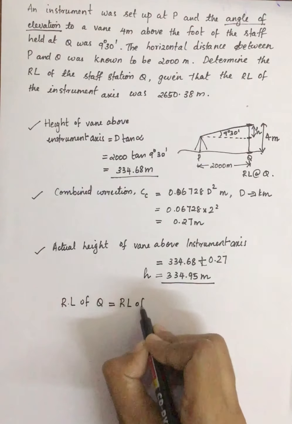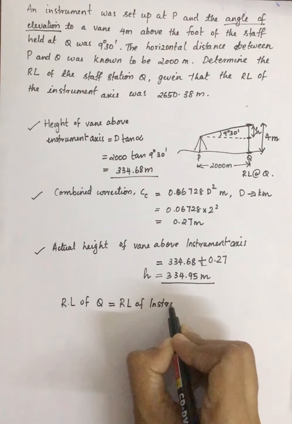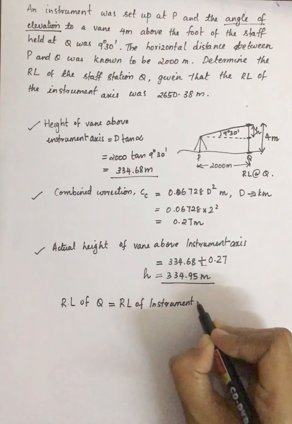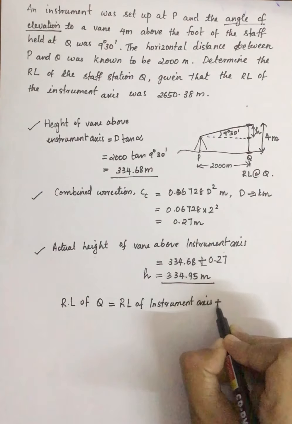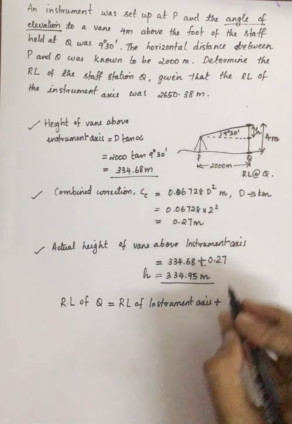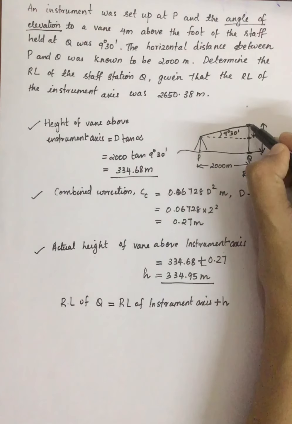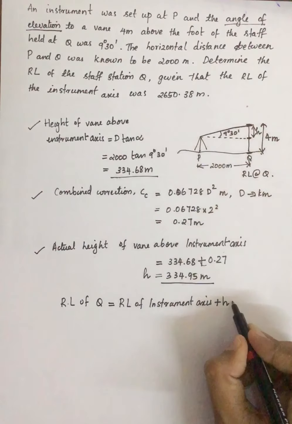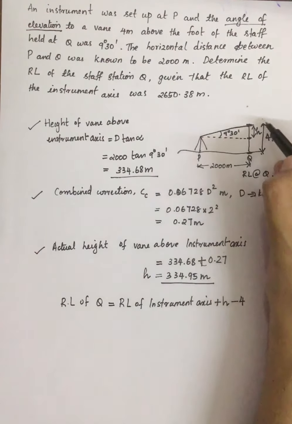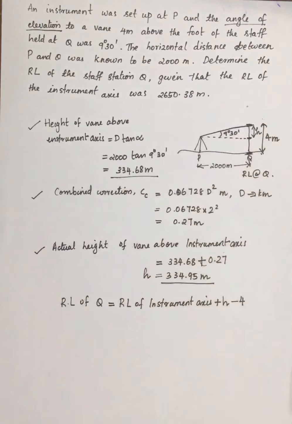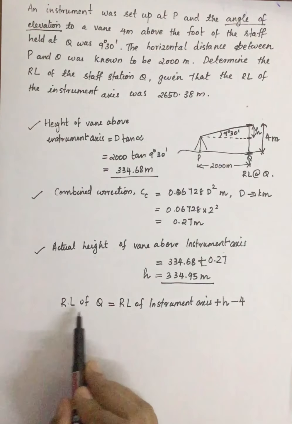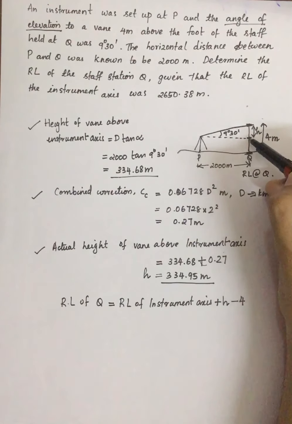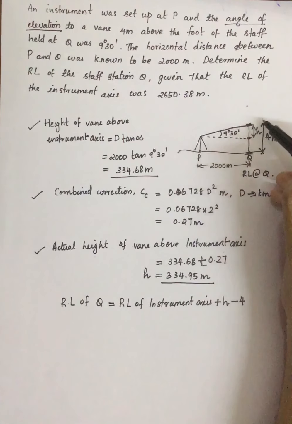So reduced level of instrument axis plus H gives you the reduced level of the vane. Now from that you have to subtract this 4 meters, minus 4. So you will get the reduced level of Q. So reduced level of Q is reduced level of instrument axis plus H minus 4.